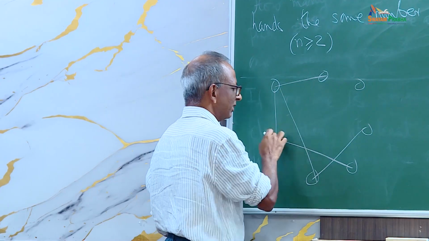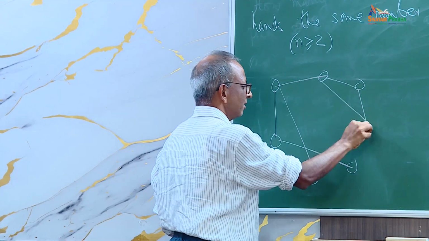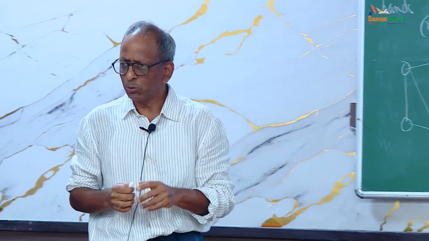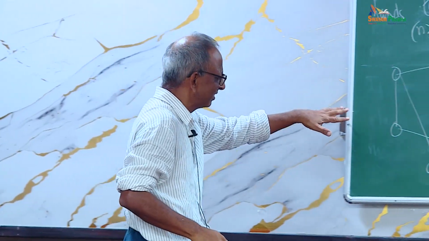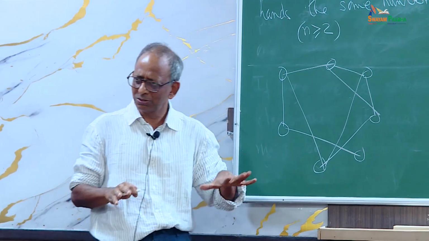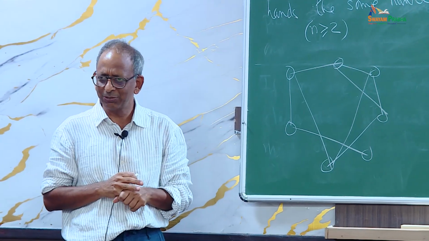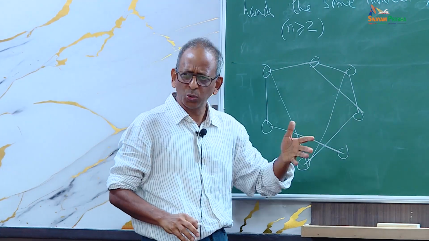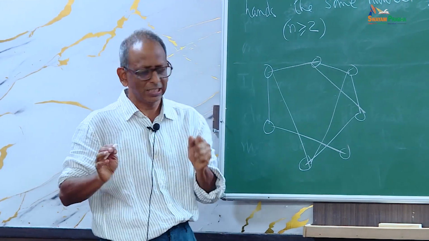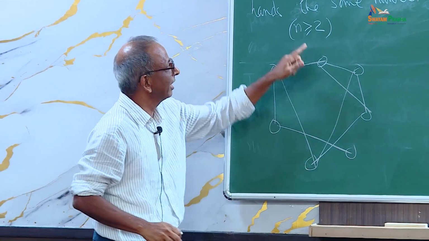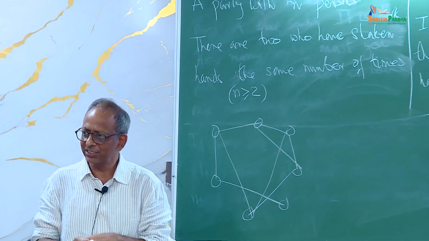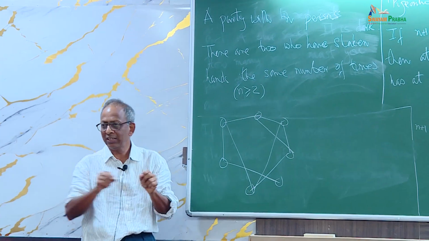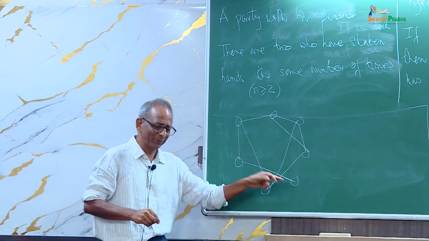But then what are we counting? If I use the word graph, is that okay with you? These are nodes, vertices. There are n vertices because there are n persons, and we draw an edge between them if they shake hands.